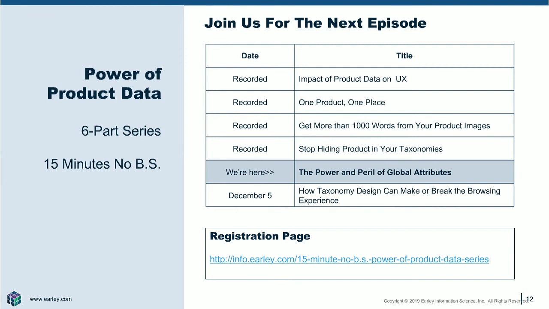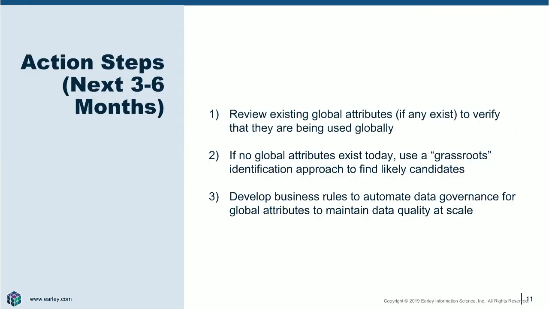So what do we need to do to get started, Chantal? All right, so the first thing you want to do is review your global attributes and see if they meet those requirements that we just discussed. If they don't meet those requirements, then we would suggest converting them from global to category attributes, and vice versa if the requirements are met.